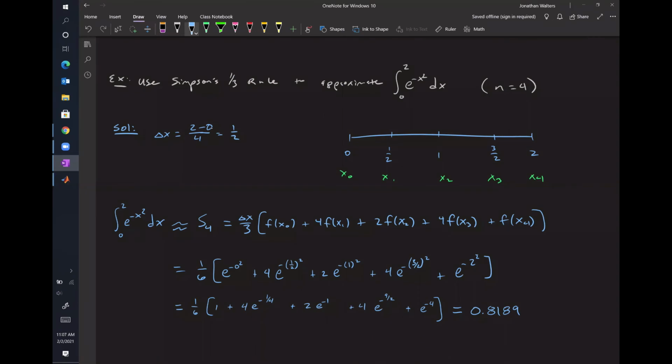That's cool. Okay, 0.8190 if it rounds. So 0.8190 if we round to 4 decimal places. All right, cool. All right, let's program it in Matlab.